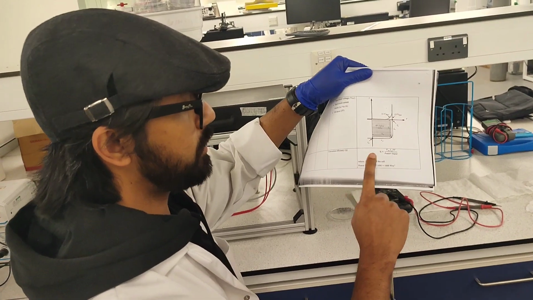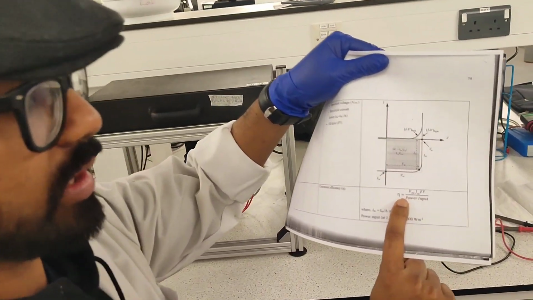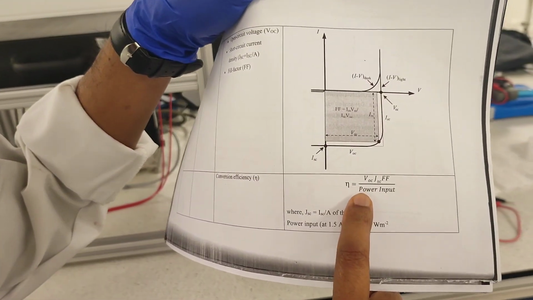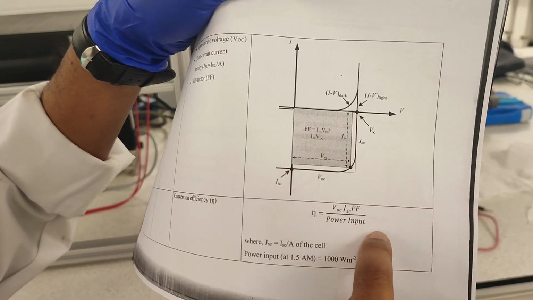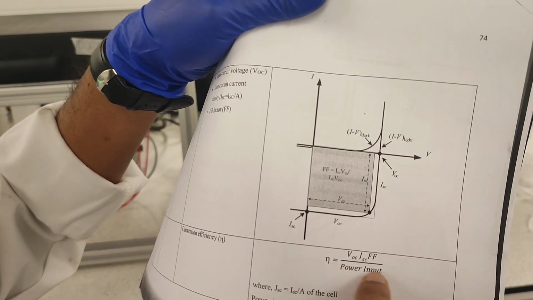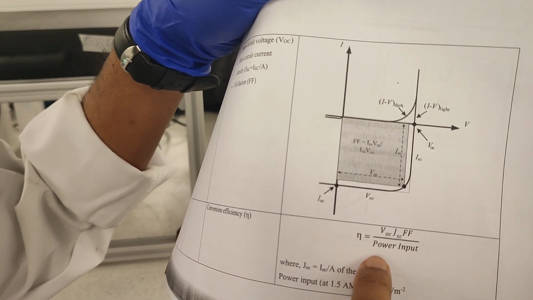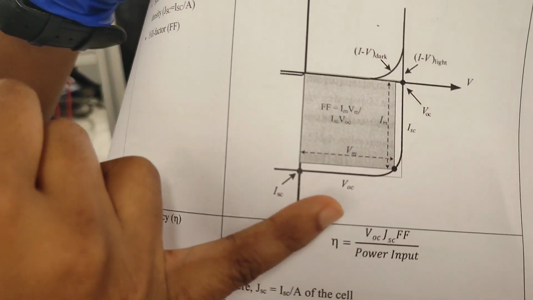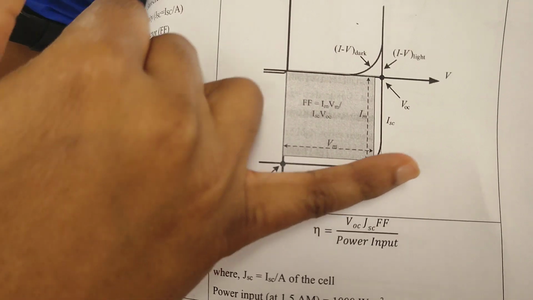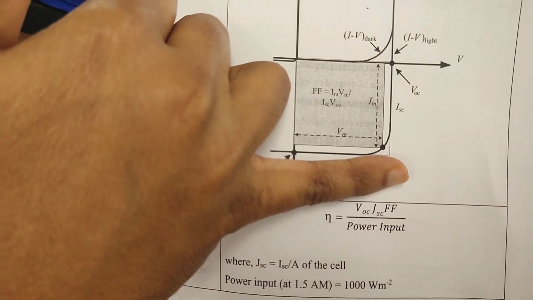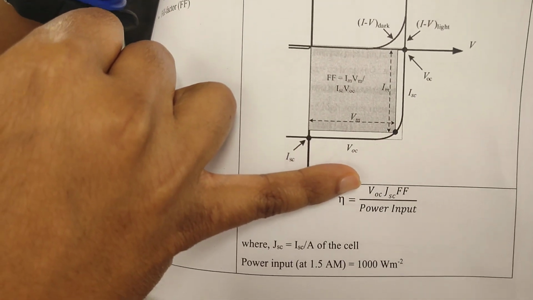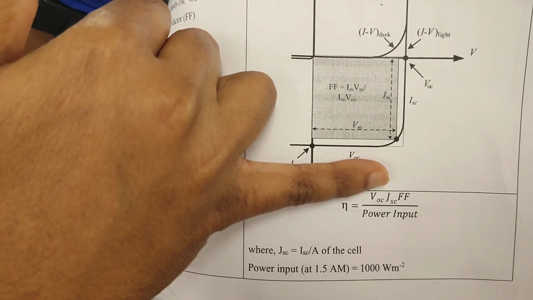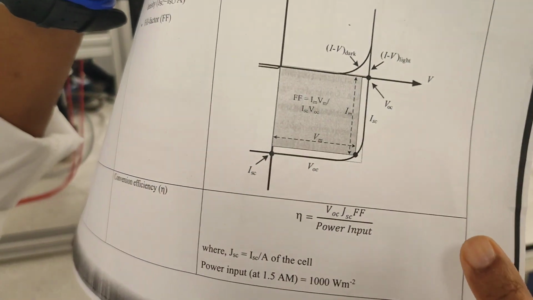If I take a look at this formula over here, this is the formula for efficiency. We give in an input power, which is given in the form of light using a lamp, and we find out the values of VOC, JSC and FF, which are open circuit voltage, short circuit current density and fill factor.